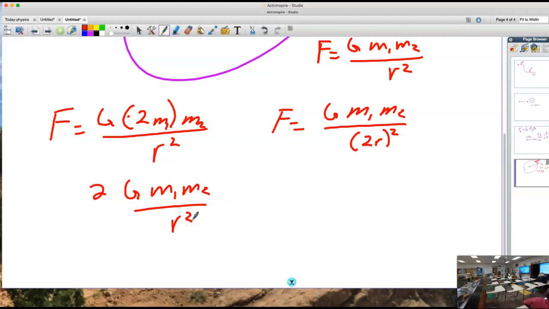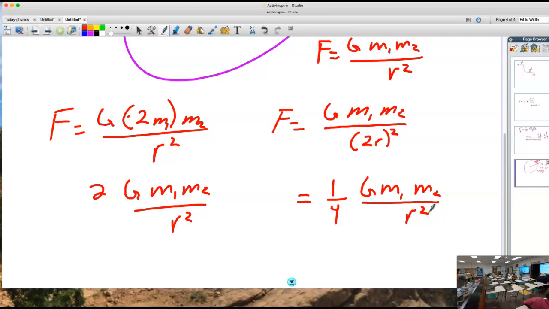What happens over here? This is squared, isn't it? So what does that 2 do? Turns into a 4. So isn't that 1/4 G m1 m2 over r squared? Do you see that?